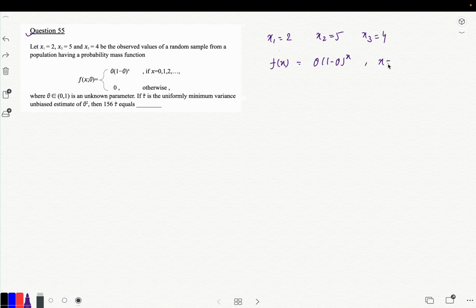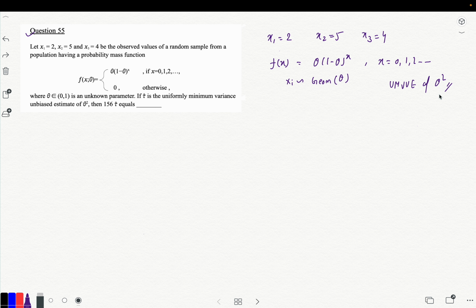UMVUE for theta square. That's the task now. Okay, so for the geometric distribution, if you find out the sufficient statistics, when you are in the exam you won't do the proper procedures to find out the sufficient statistics. When you do so many problems in statistical inference for these kinds of problems, you already know what will be my sufficient statistics.